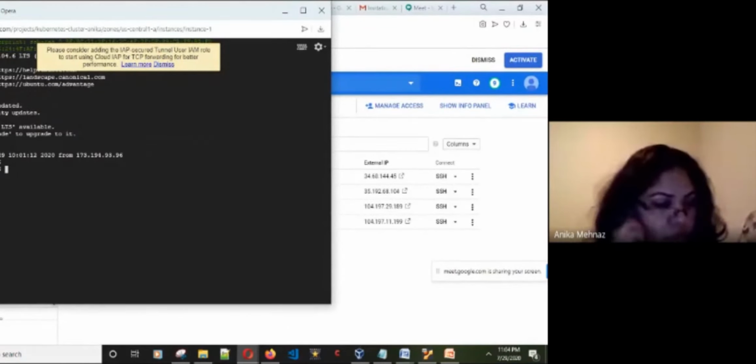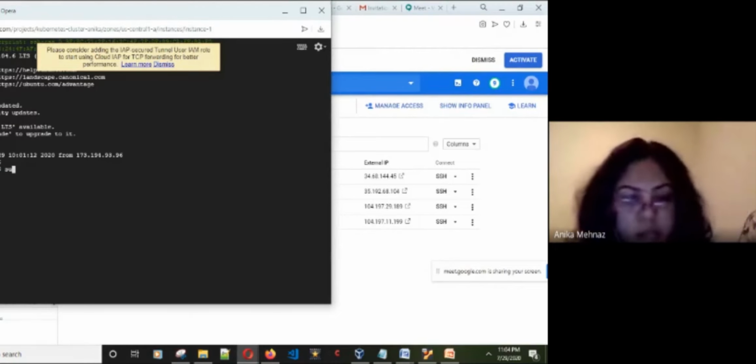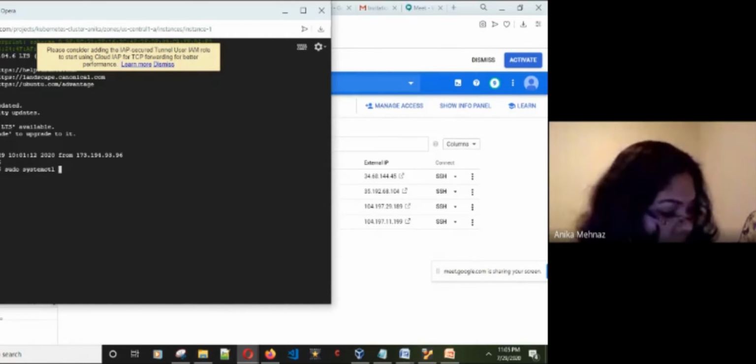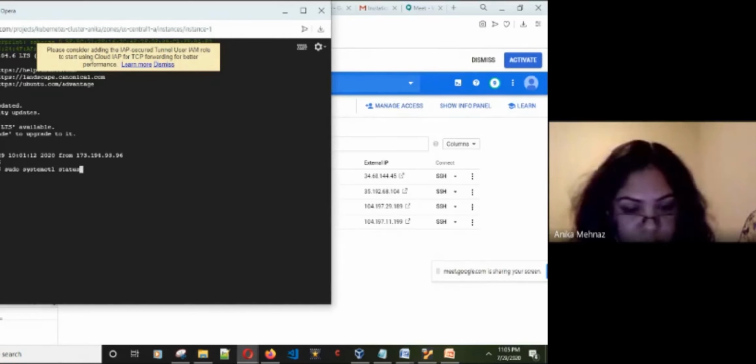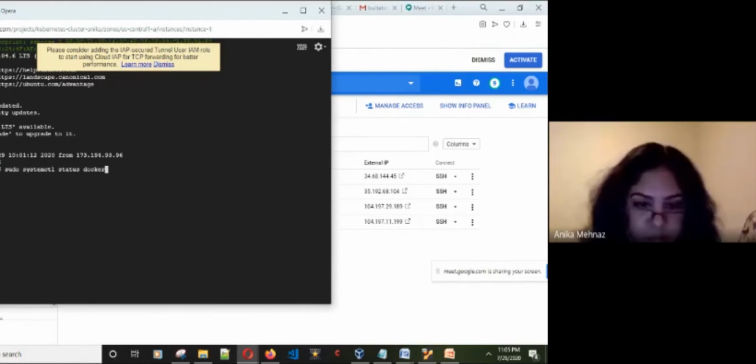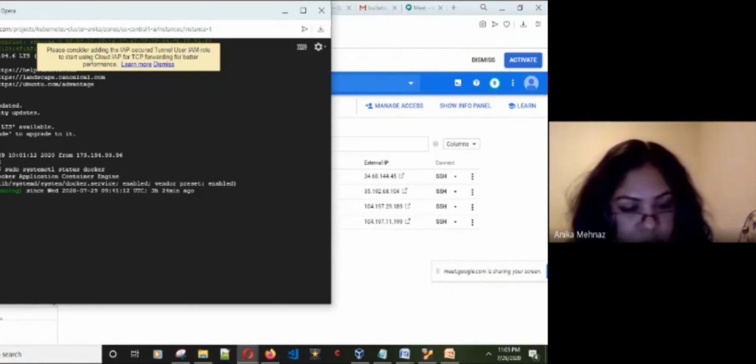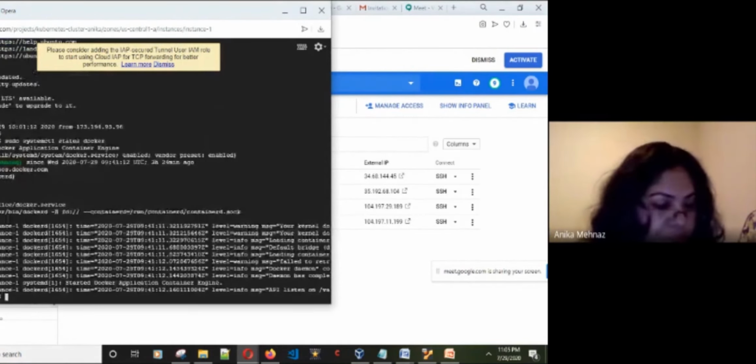You have to install Docker, and also check if it's running or not. Maybe it's running, so that's good news.